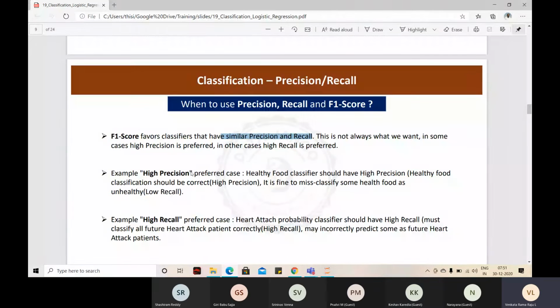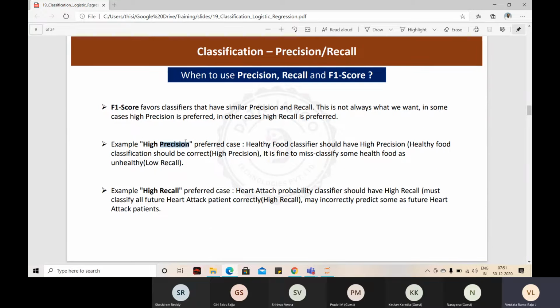If one value is low and one value is high, it is going to bring the score down to the low value. Yesterday we saw 0.1 and 0.9, and when we calculated F1 score, we got 0.18, right? So this is not always what we want. In some cases we want high precision, and in some cases we want high recall. Examples are like this.